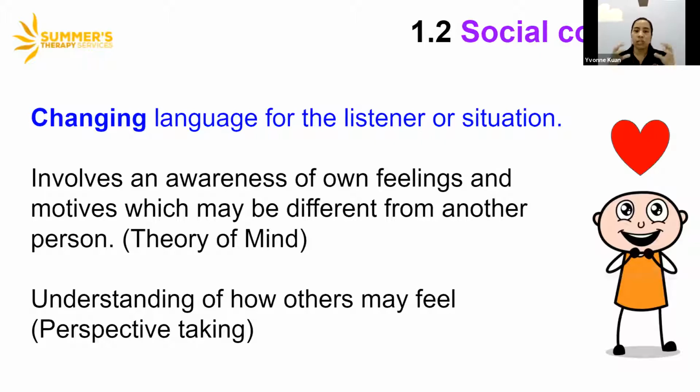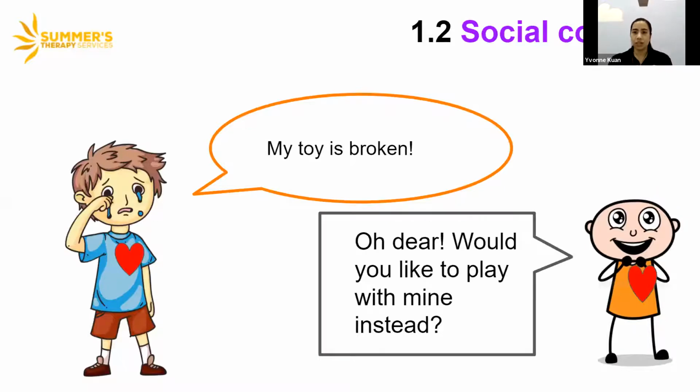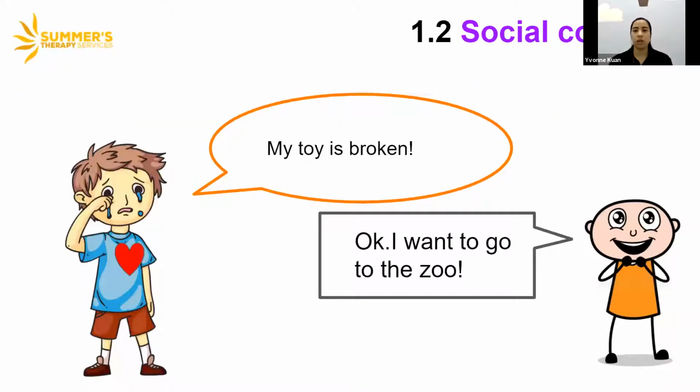So having a good theory of mind and having perspective taking ability helps me with social cognition skills to be able to change the language for who I am talking to, okay? So in this situation, when the child is saying, my toy is broken, I would choose to acknowledge. Technically, I'm doing the same thing as in the previous one, where we said, okay.